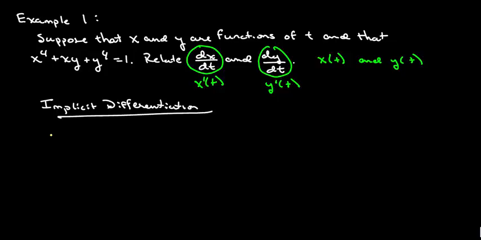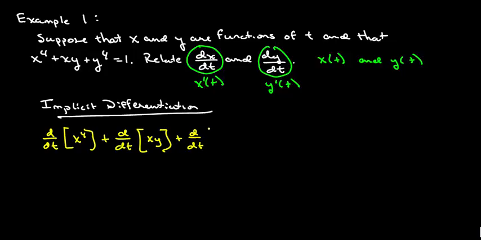So I'm going to take d/dt of x to the fourth plus d/dt of xy plus d/dt of y to the fourth, and that'll be equal to the rate of change of 1 with respect to t, just like that.